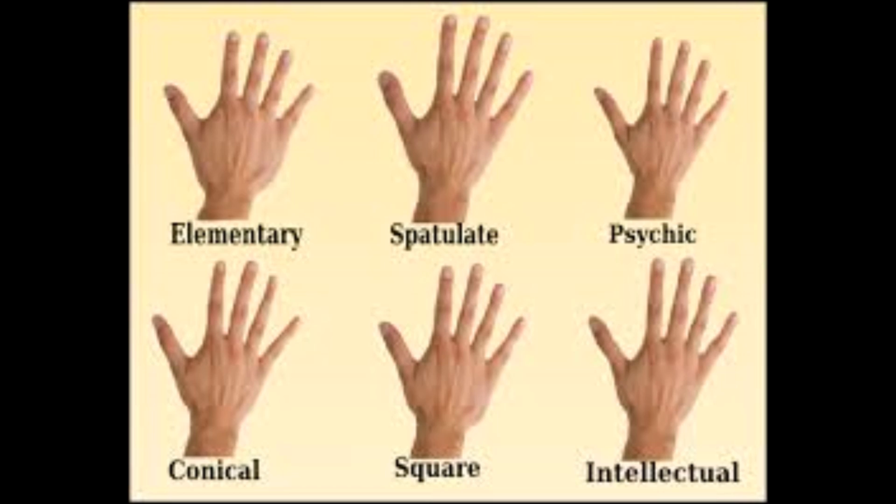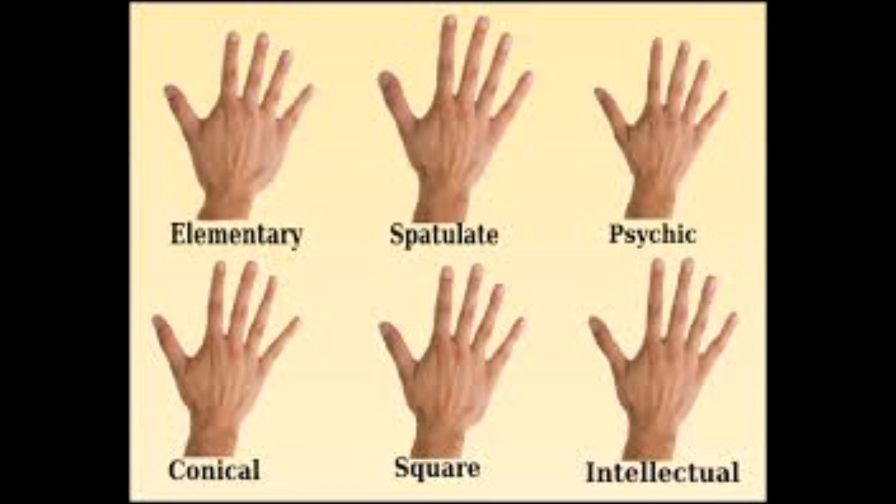The mixed hand. Most hands are mixed. The square hand may have 2 or 3 different types of fingers. The spatulate may have only 2 or so that vary. It is necessary to analyze the fingers carefully, then combine the findings. The thumb is the indicator.